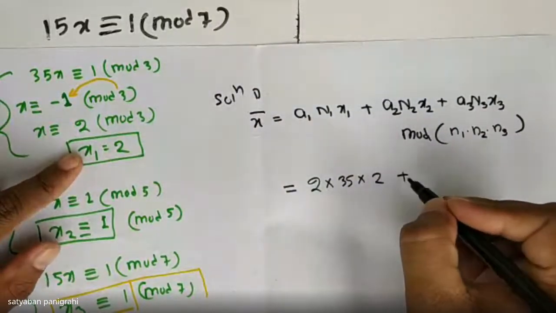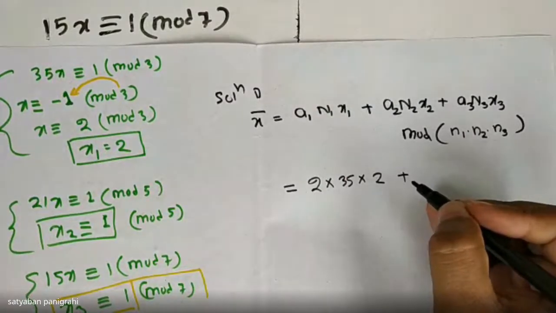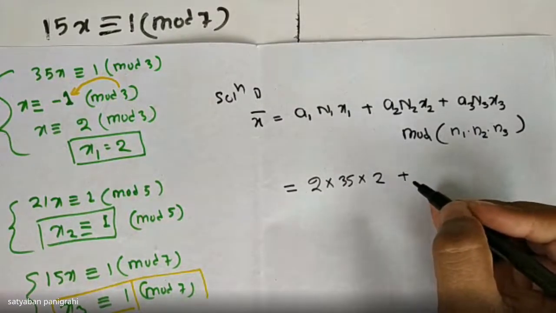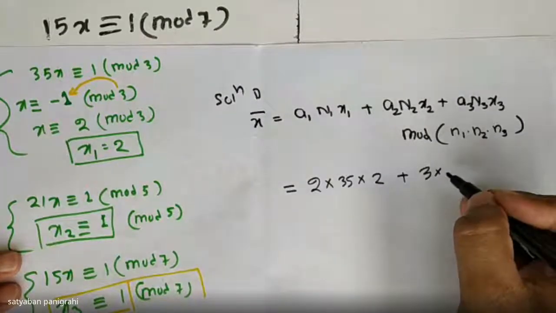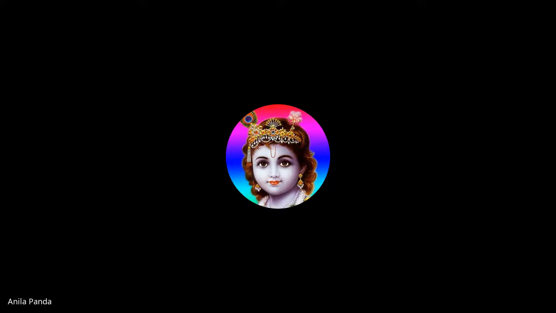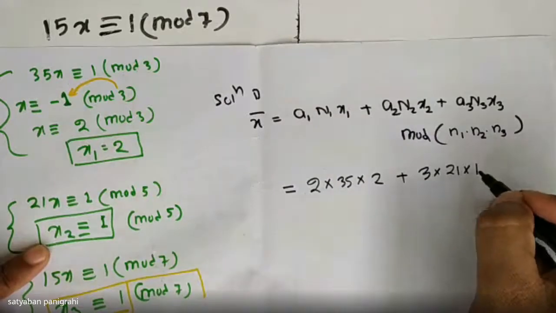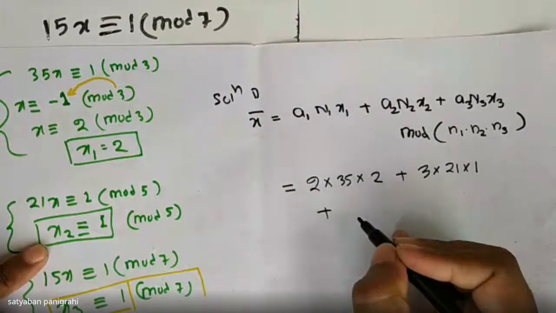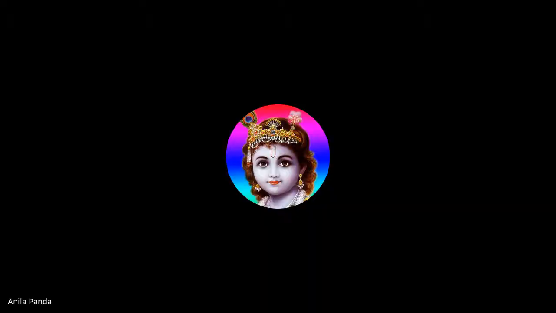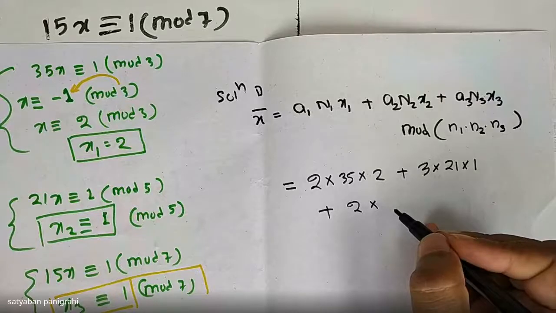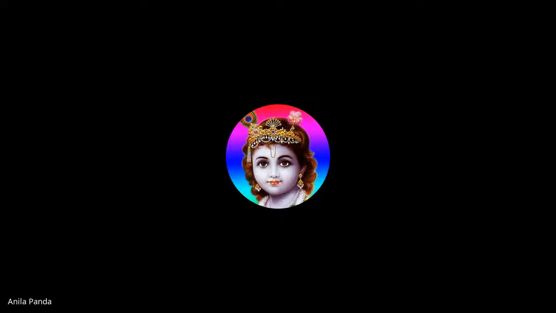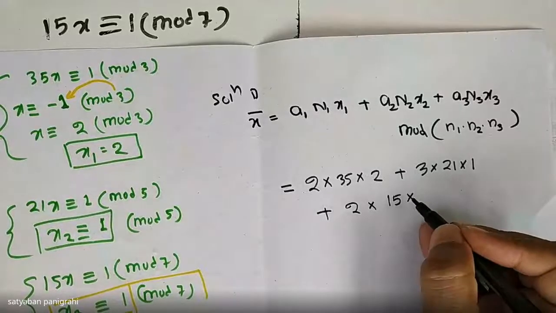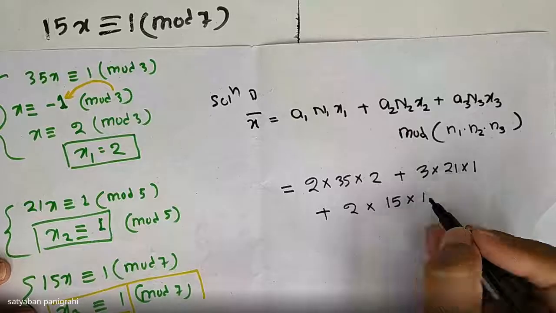Similarly, plus a2 is 3, capital N2 is 21, x2 is 1, plus a3 is 2, N3 is 15, and x3 is 1.